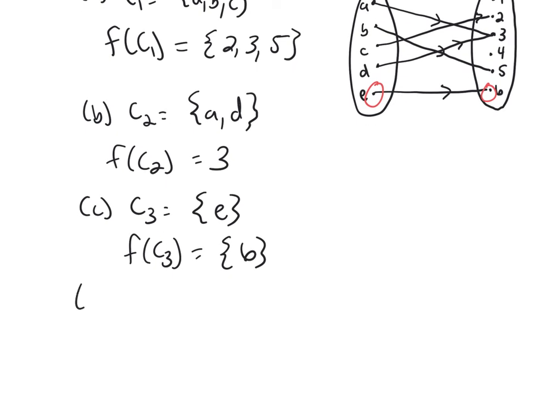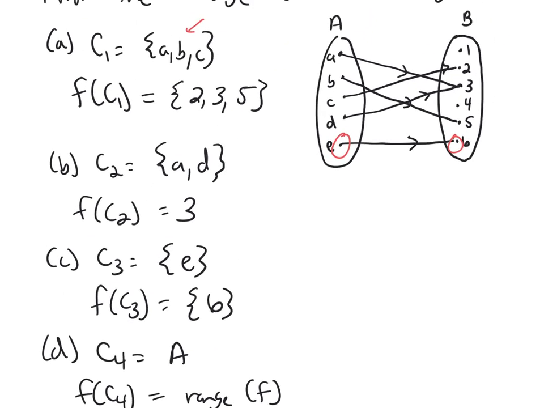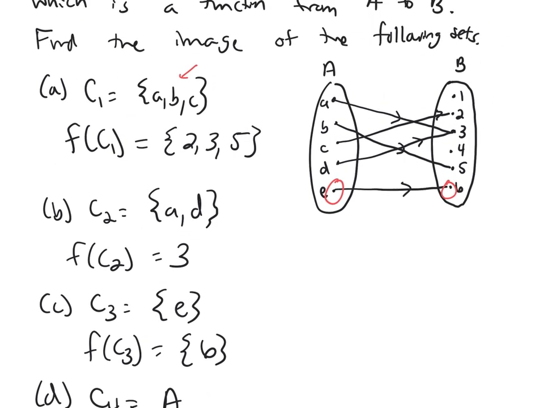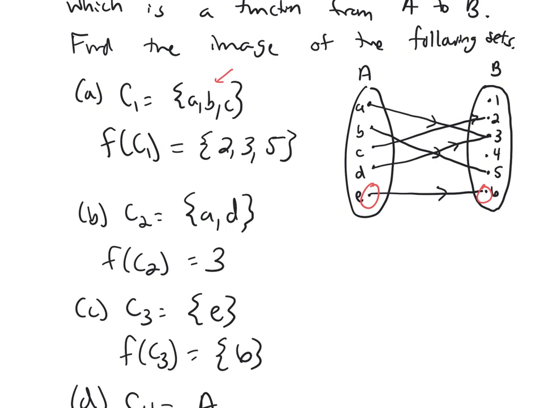And finally, our last one is if I take C4 to be the whole set A, then f of C4 would be the range of f. In that case, I'm looking for anything in B that has an arrow coming into it.